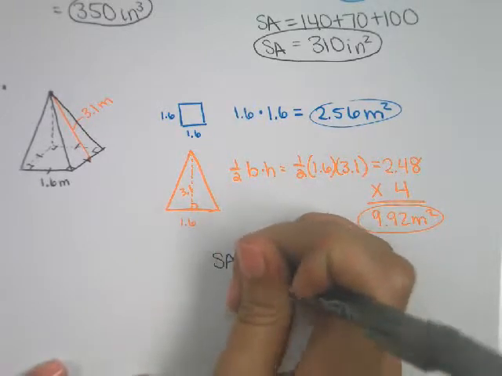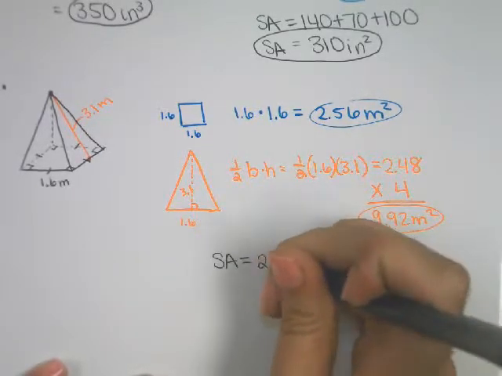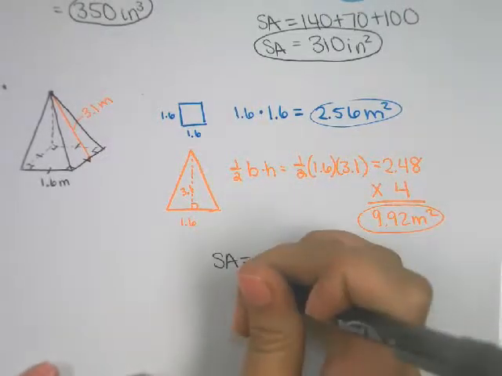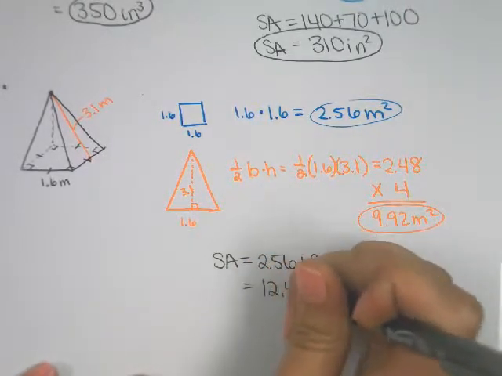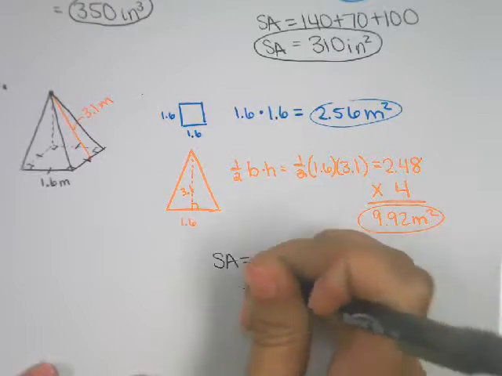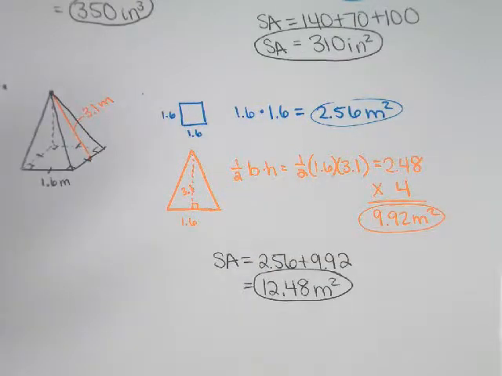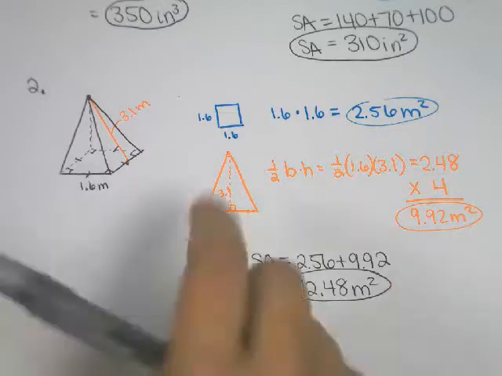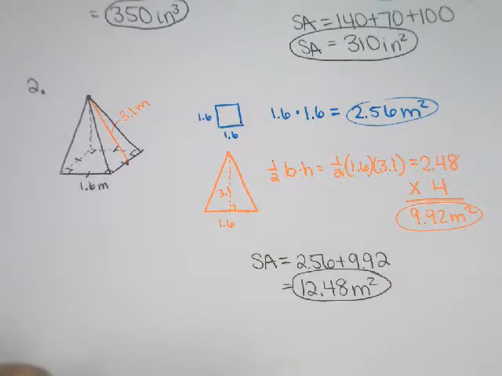So our surface area here is those added together, which is 12.48 square meters. So that would be the area of your outside faces. It's like how, if you're going to paint it, how many square meters of paint do you need?